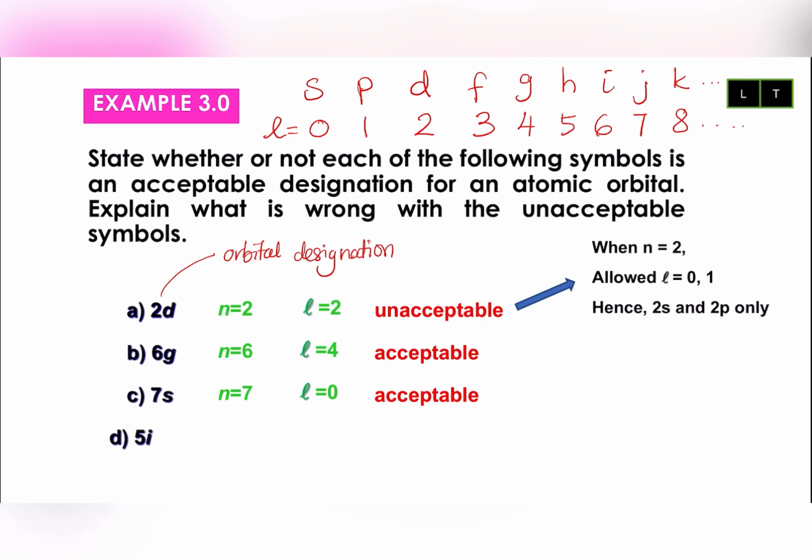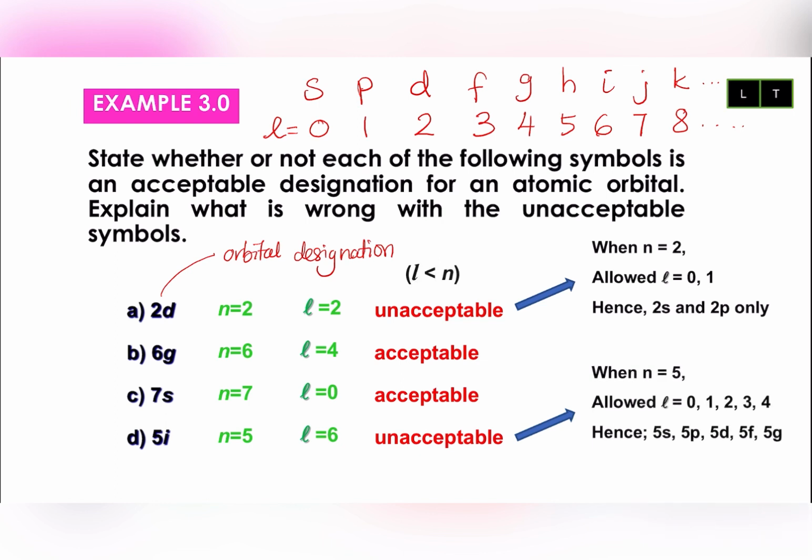Last one, we have 5i. When n equals 5, the i here means l equals 6. 6 is greater than 5, so this is unacceptable. Let me explain a bit. When n equals 5, the allowed values for l are only 0, 1, 2, 3, 4.